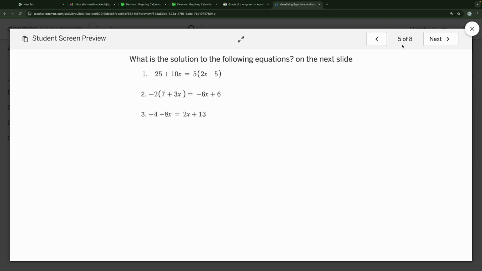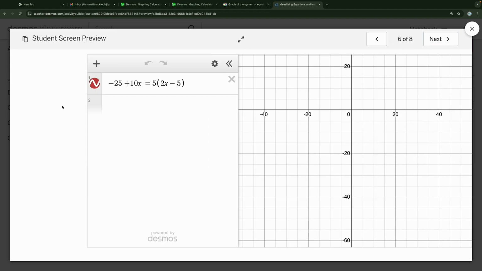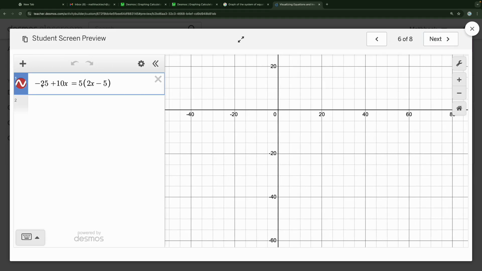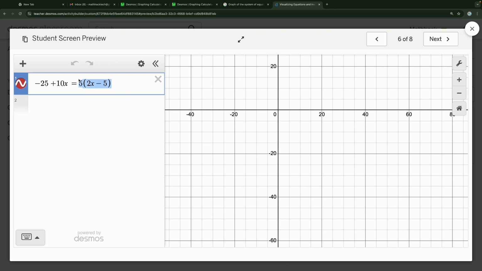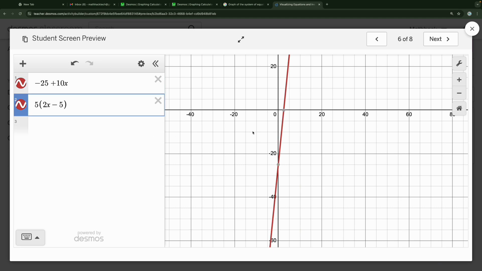So let's separate the equations on the left and the right. When we separate them, because this is negative 25 plus 10x, and here will also give us 10x minus 25, which means they are the same, it should give us just one line. So I'm going to cut this one and separate the equation into the next one, and look at it.